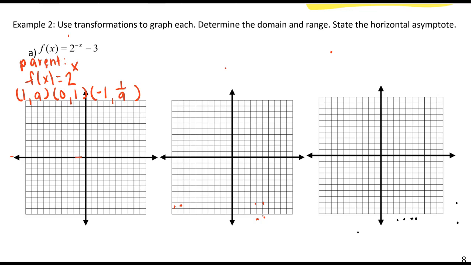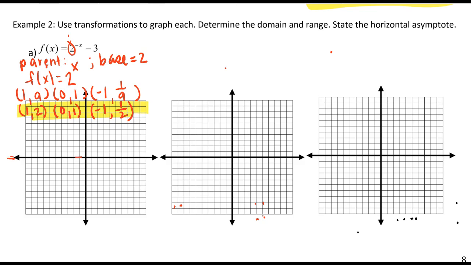Because these are generic ones, I'm going to tell you the base for this particular problem is 2. So my 3 points are 1, comma, 2; 0, comma, 1 stays; and -1, comma, because it's a negative, you're going to take the reciprocal of your base, which is really 1/2. These are the 3 points I'm going to use for graphing and transformations after.